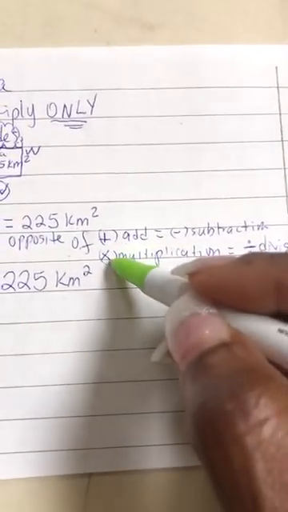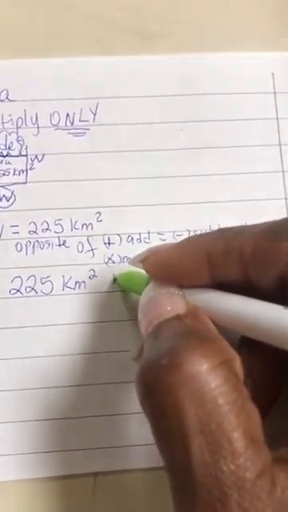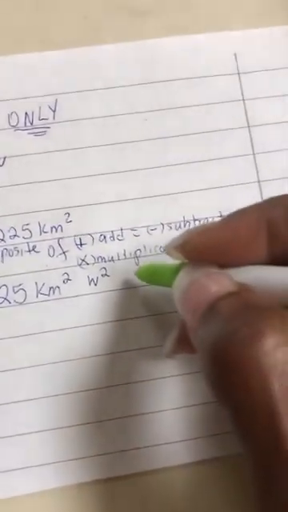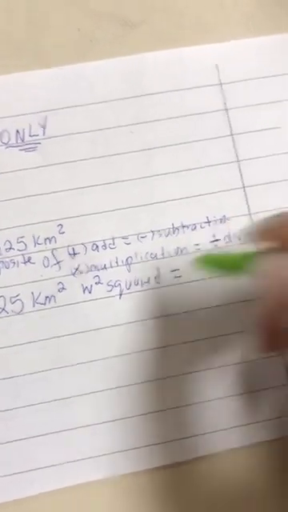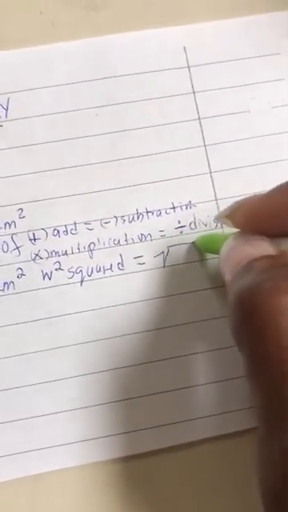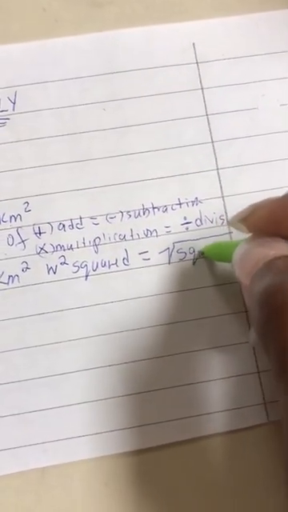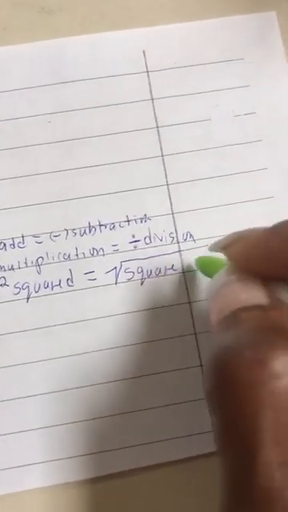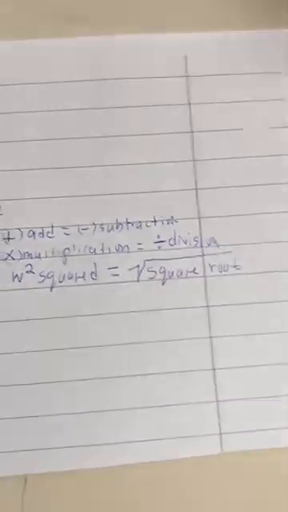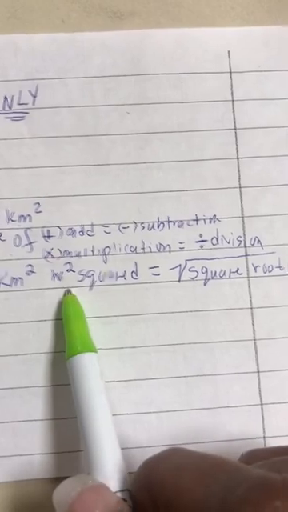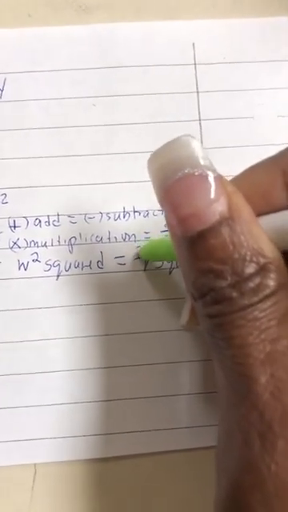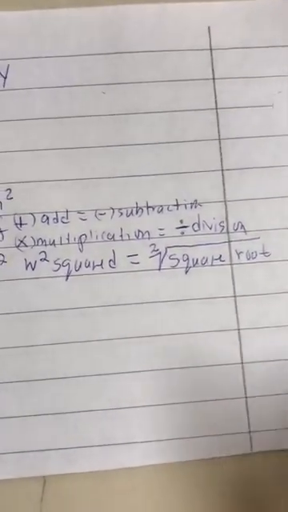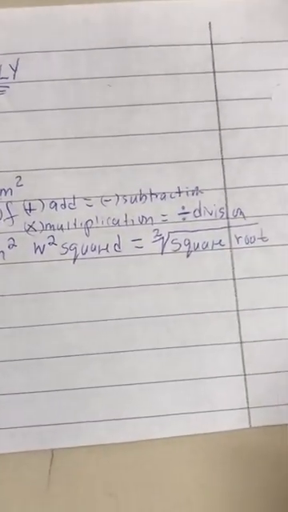The opposite of W squared, that's called squared, the little 2 in the air, is the square root. The opposite of squared is square root. And there's a little imaginary 2 sitting right here. I call that like a shelf or a windowsill is what it reminds me of.